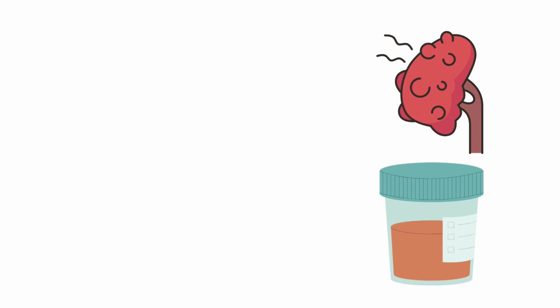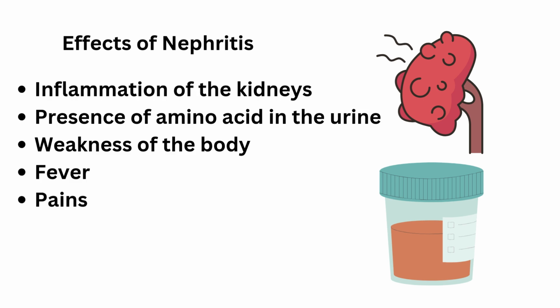Nephritis can also be caused by bacterial infection. Effects of nephritis: it causes inflammation of the kidneys, there is presence of amino acid in the urine, and it leads to weakness of the body, fever, and pain.